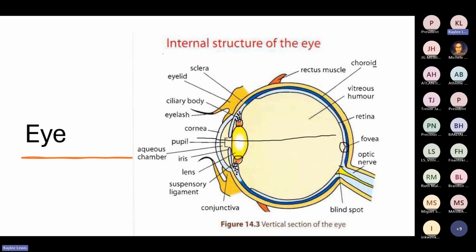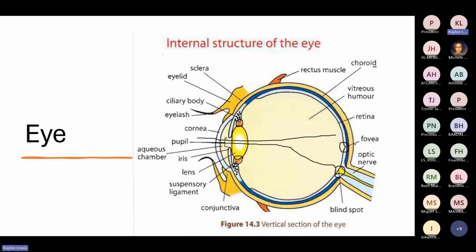And then we also have a blind spot. So just like when you drive and you get a blind spot, same thing here. And the blind spot here has no photoreceptors. So if the light does end up falling on the blind spot, there are no photoreceptors there to generate an impulse, so you won't be able to see anything.